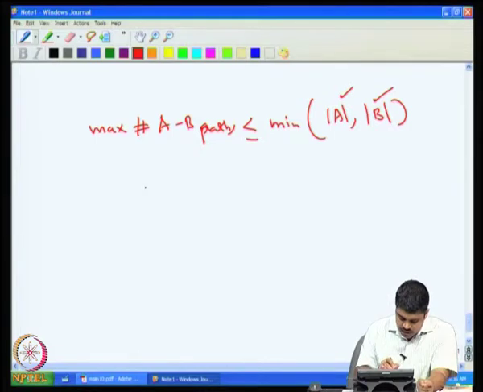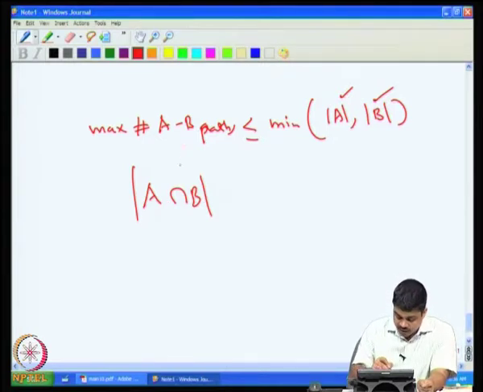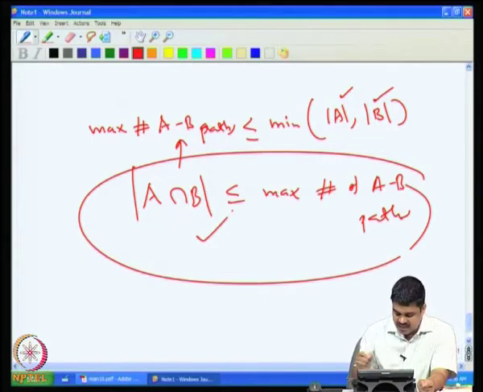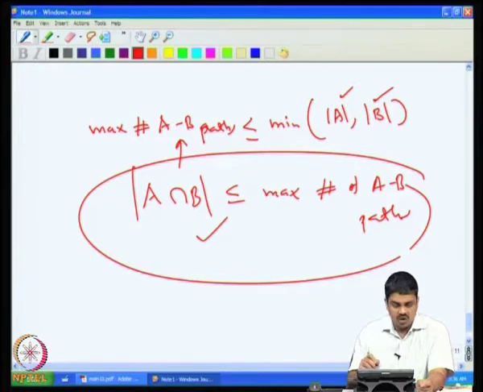Similarly, consider A intersection B: each vertex in A intersection B defines an AB path. Therefore, this maximum number of AB paths has to be at least as much as this. So these are some trivial lower and upper bounds for the number of AB paths.